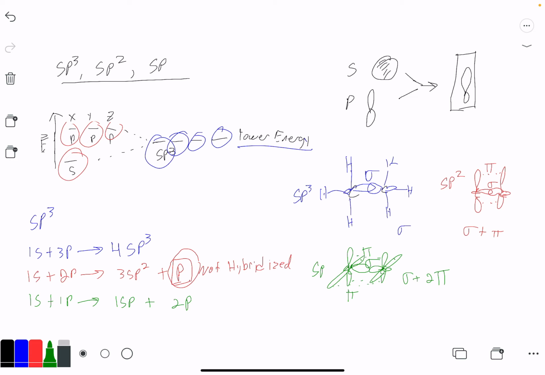It depends on if you have a single bond, double bond, or triple bond. sp3 is single bonds, so you'd have something like ethane or methane, just any carbon chain. sp2 has a double bond, so something like ethene.